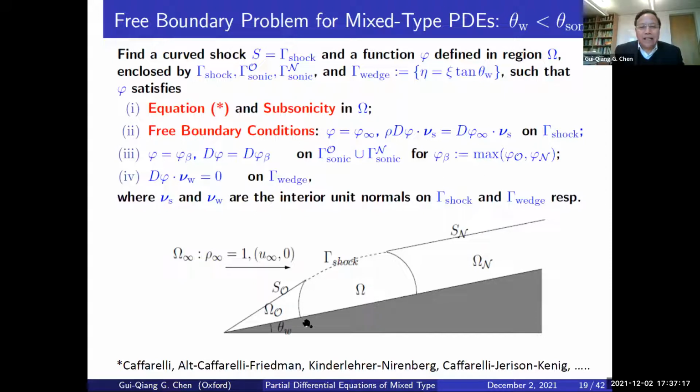Then again, there are two degenerate curves, the sonic circles. Actually, for the same reason as the Rankine-Hugoniot condition, after we solve the problem and put together one global solution, it turns out they require two conditions on the sonic circles. These are degenerate elliptic curves.